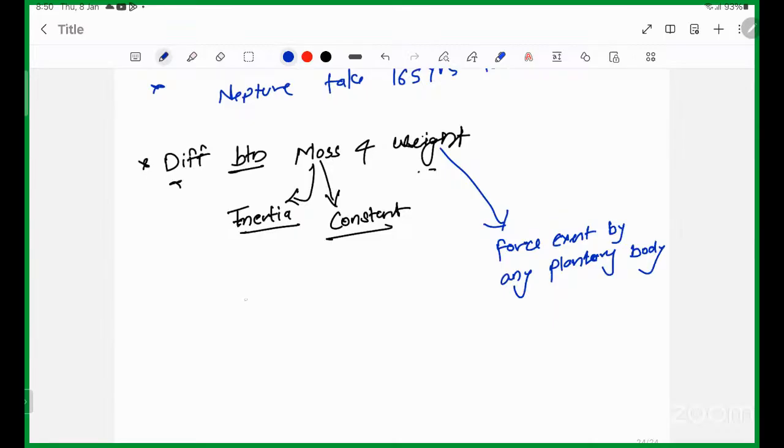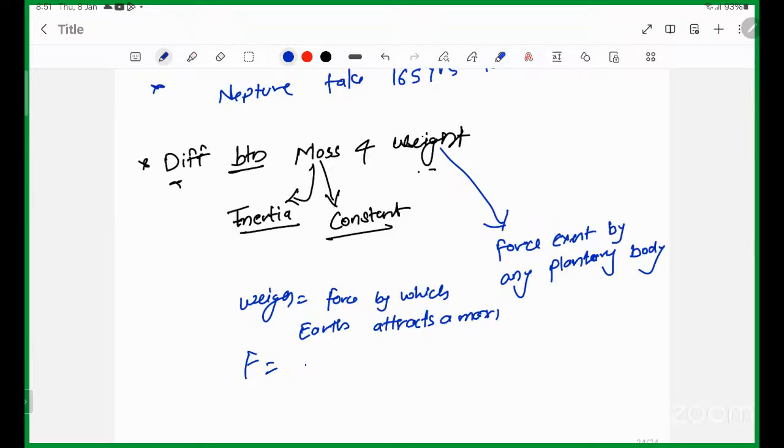In our earth, it is the force by which Earth attracts a mass. It is like mass into acceleration.